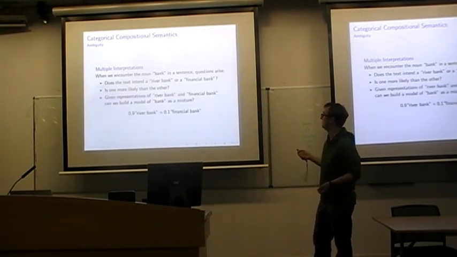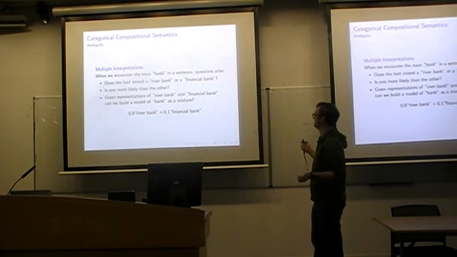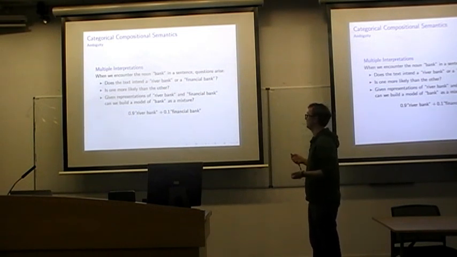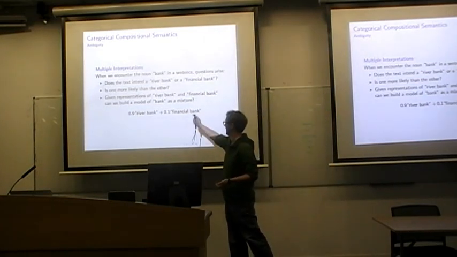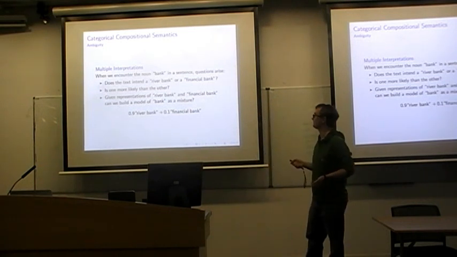Okay, so this is informal at this stage, it's not precise, it's just an intuition. If we have some representation of riverbank and a representation of financial bank, we don't want to have to figure out the representation of mixtures of riverbanks and financial banks. We want to be able to glue together things based on our probabilistic intuition. So informally we want to be able to take 0.9 of the riverbank and add it to 0.1 of the financial bank to capture our state of information.